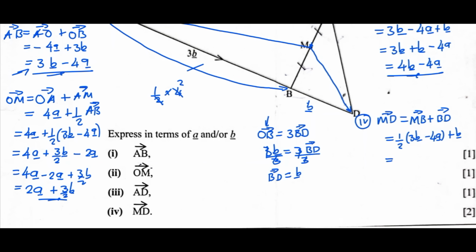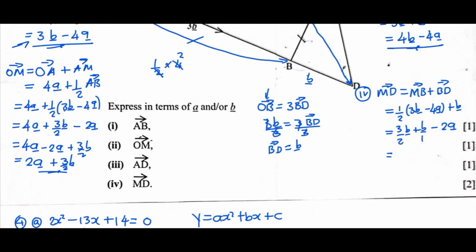Then here we are going to say 1 over 2 times 3B will give us 3 over 2 B, plus B over 1, minus 1 over 2 times 4A will give us 2A. So we can find the lowest common denominator.